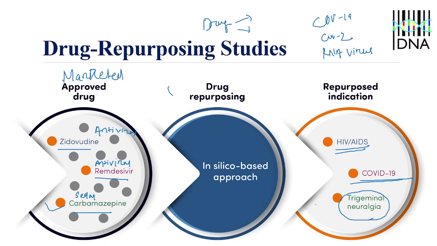How can we find out this repurposing? By performing in silico analysis. By the in silico approach, we can identify a marketed drug and repurpose it differently for a different disease.